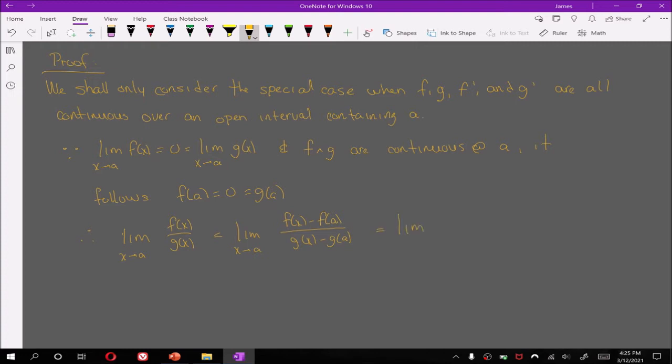We can now write this as the limit as x approaches a of f of x minus f of a over x minus a, and then over g of x minus g of a over x minus a.